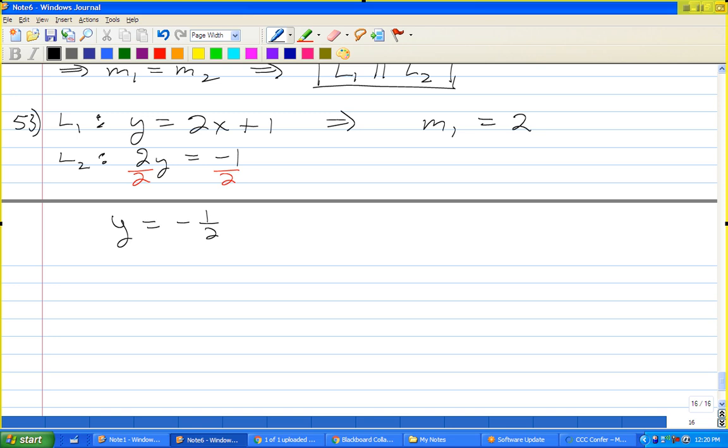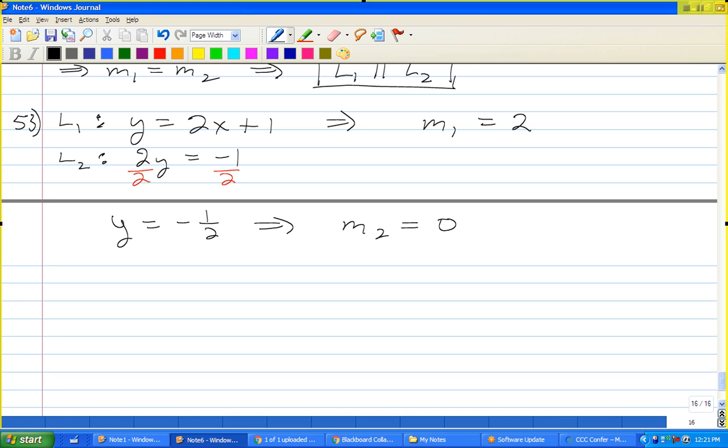So that says that the slope here is 0, because there's no number in front of x. Therefore, the slope is 0.